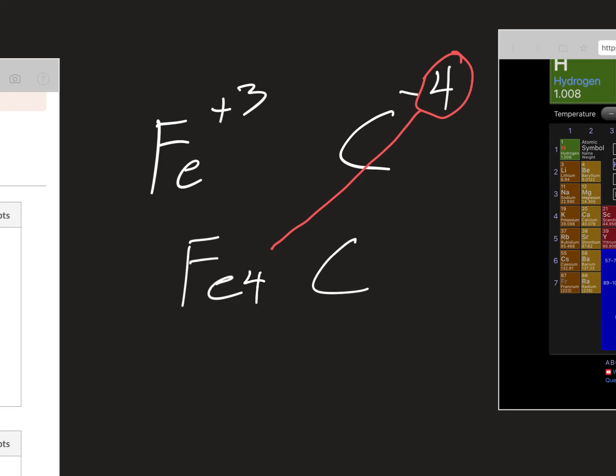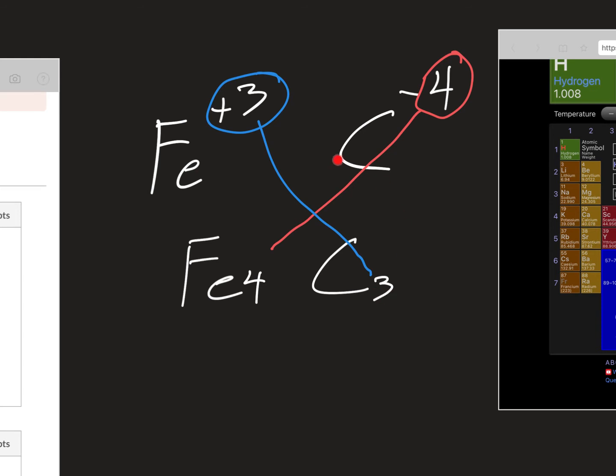That means I have 4 iron. Same thing with this for iron. I'm going to move it down and cross over to the other element, and it's going to be right here for carbon, okay? Notice that neither of them have a positive or a negative anymore because they're not charges. They now represent how many of this element I need. So I need 4 iron and 3 carbon.